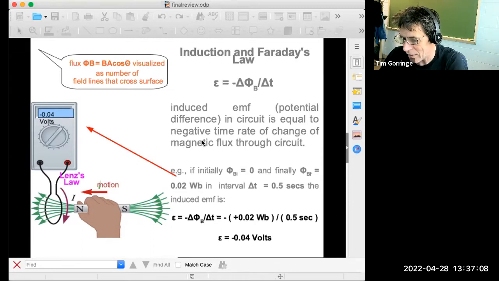Do you see one that says analogy between inductors and capacitors? No. Let me reshare then, because I don't know what's going wrong here. Do you now see analogy between inductors and capacitors?